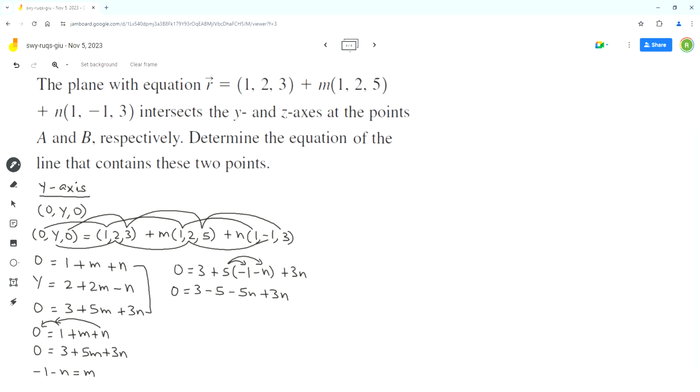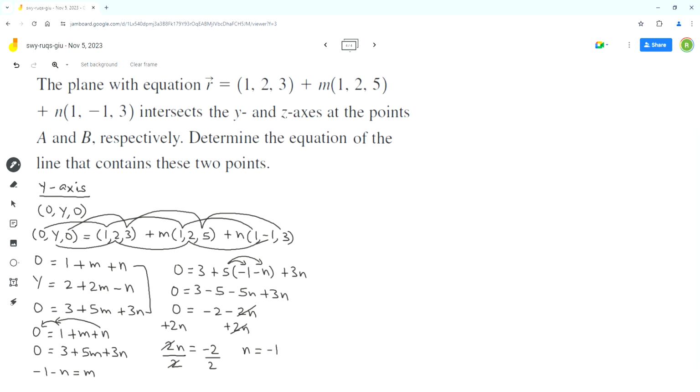Now we can combine like terms. Next, we can add 2n to both sides. Now we can divide both sides by 2. I get n equals -1.